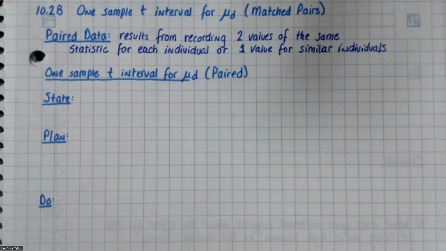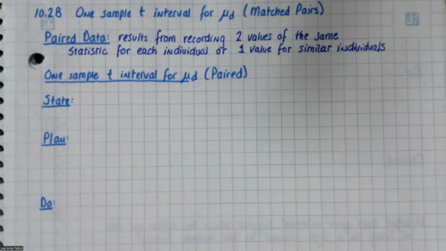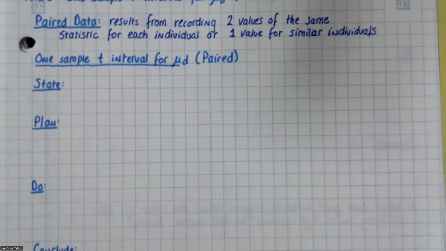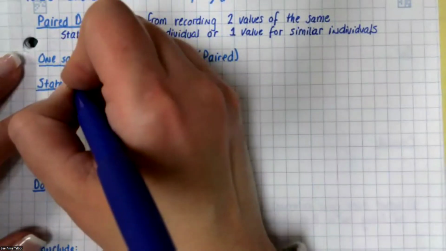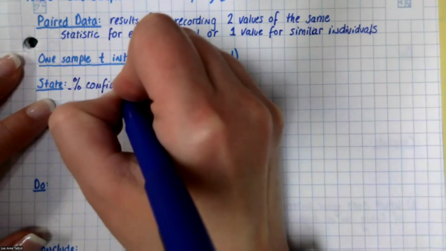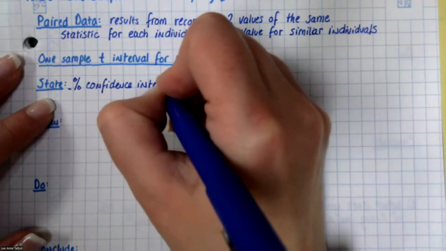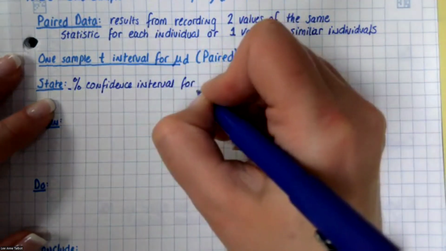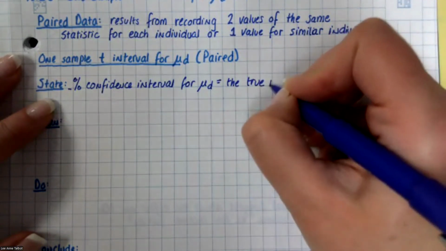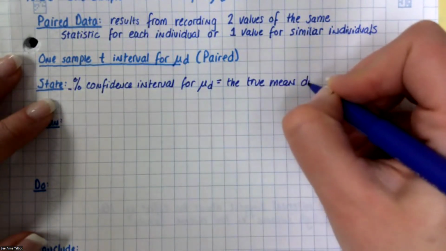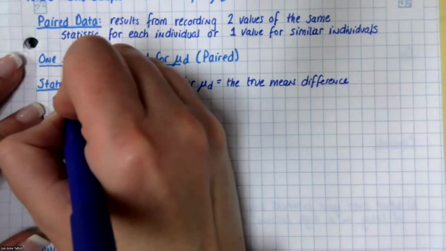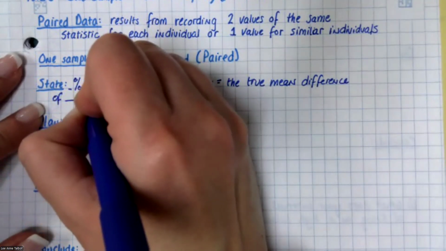Okay, anyway, the state. How do you think we start it? It's not going to be rocket surgery. Yep, perfect. Blank percent confidence interval for mu d equals the true mean difference of blank, and that's going to be your context.